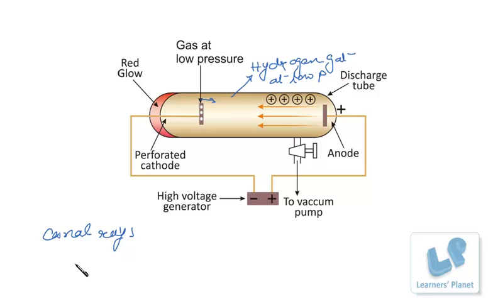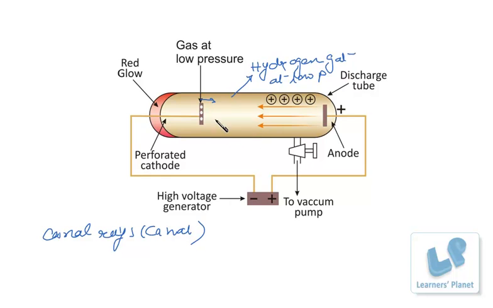Because they seem to be moving like canals. These rays contain positively charged particles as they pass through the perforated cathode. Now the question arises, from where are these rays produced? Is the anode, the metal, producing these rays? Or is the gas which is enclosed within this discharge tube producing these rays?